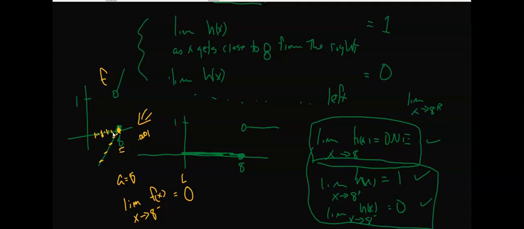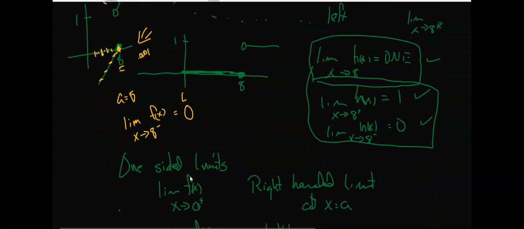So I just get x sufficiently close to 8, and then the height will be as close as I want to 0. The height will be, or we say the function will be. So that's the idea of the limit, or in this case, the left-hand limit.